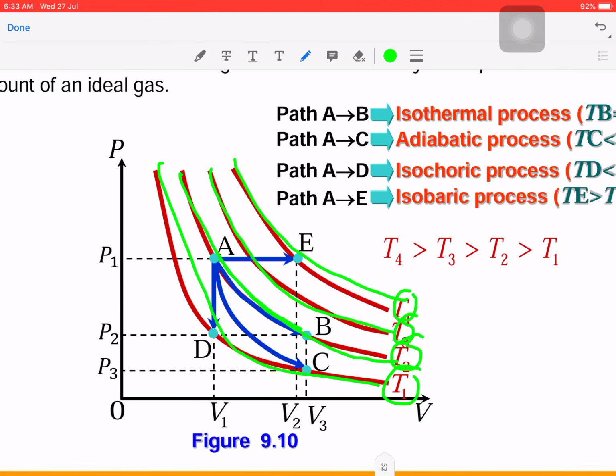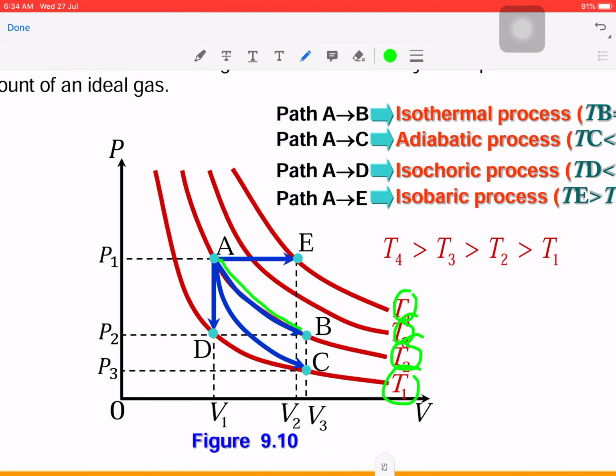So if it is the line from A to B, it means there is no change in temperature. So that is an isothermal process. So later they will ask you to draw this diagram. Depending on the question, they might ask you to draw isothermal process or adiabatic process. Okay, you need to memorize how to draw this diagram.